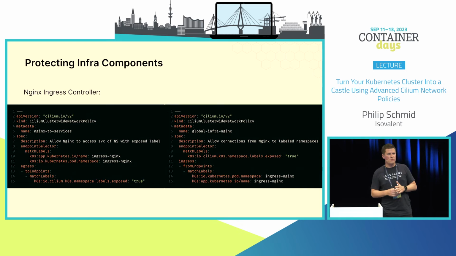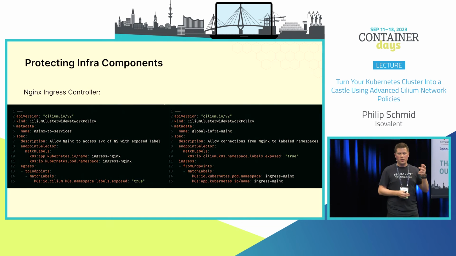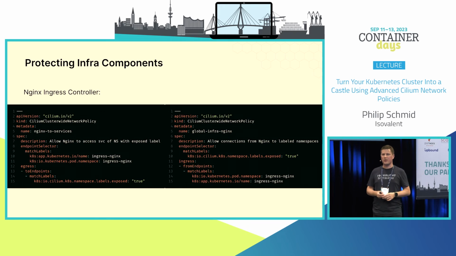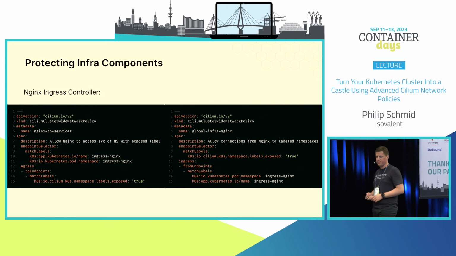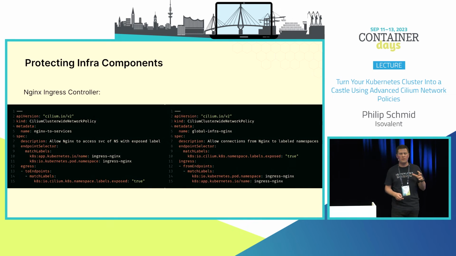For our ingress rule, again, remember, we only allowed our infrastructure component to reach out to the namespace, but this doesn't automatically allow this traffic in incoming direction on the respective user namespace, so that's why we also need to allow it in this direction. Basically, we are switching the endpoint selector and the egress logic, and we also use that as ingress. So this policy is then automatically applied to all of the namespaces that have this specific label set.